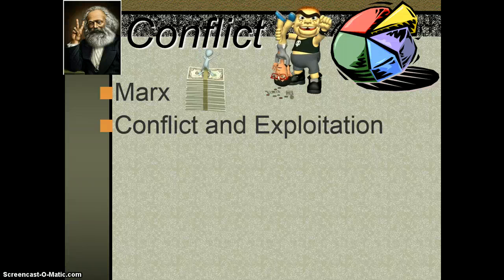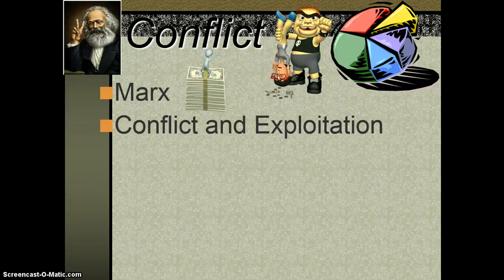Well, the conflict perspective is very similar to that in society, in that you have different groups of people who are constantly striving to get the most that they can. If you think about the conflict between, for example, the rich and the poor, the rich are wanting to hang on to their resources. They're not wanting to just give them away for nothing.